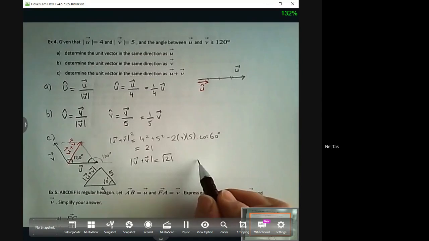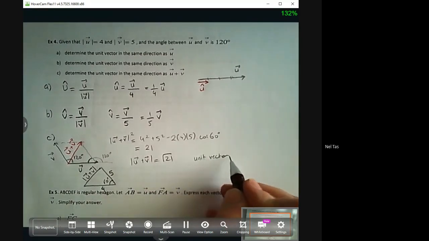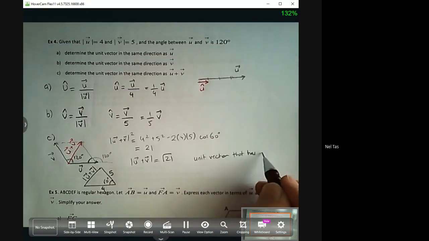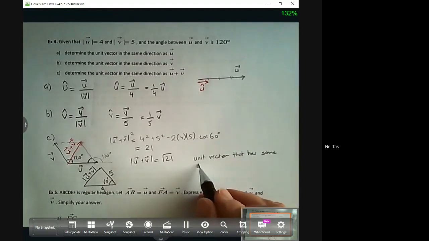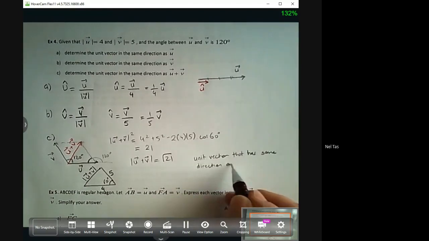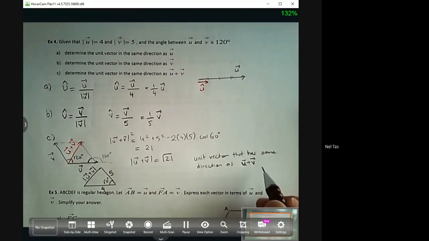Then what is the unit vector that has the same direction as U plus V? Okay.